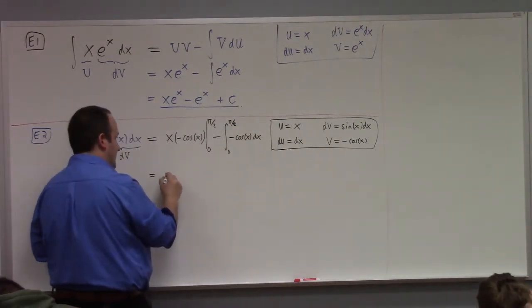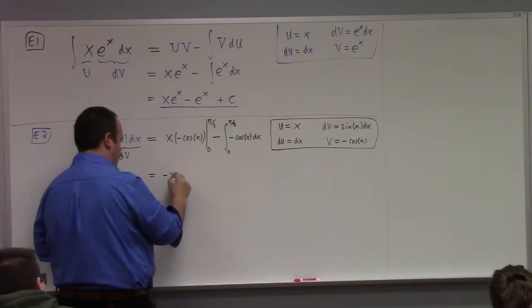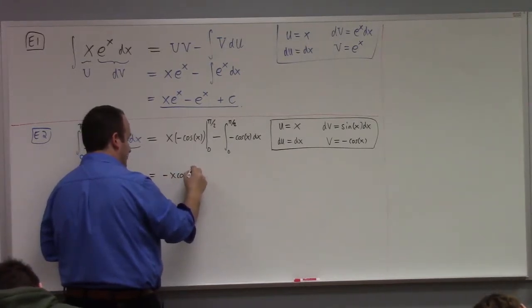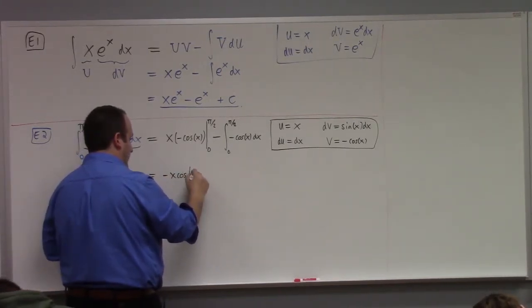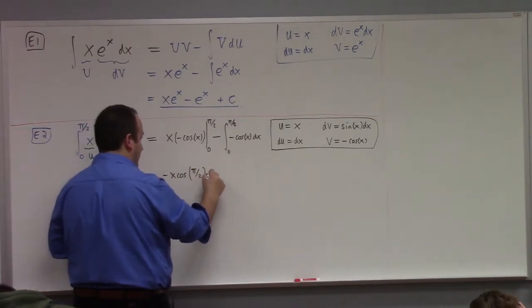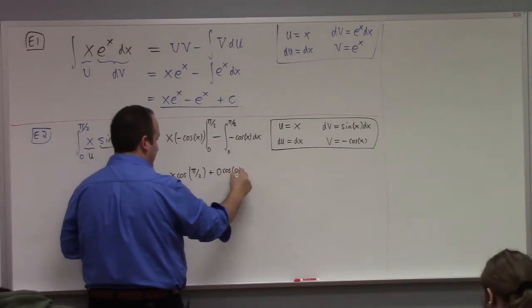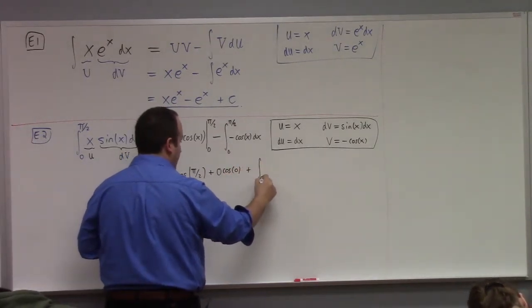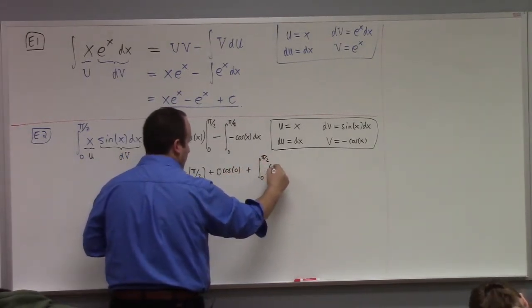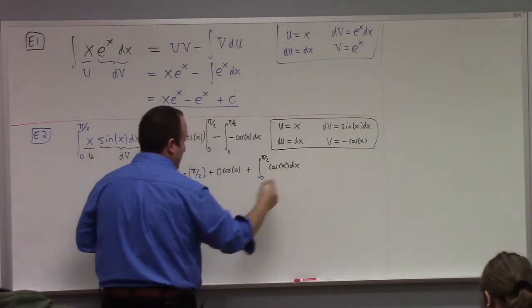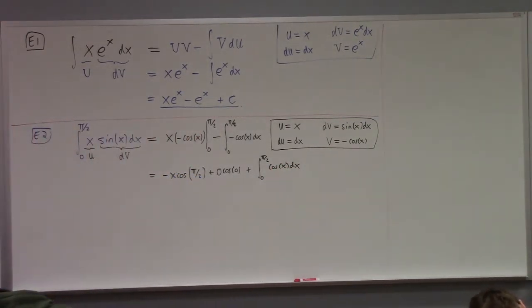So what we're looking at is minus x cosine of pi over 2 plus 0 cosine of 0 plus the integral from 0 to pi over 2 of cosine of x dx. What I did there was minus minus gives me plus, right?